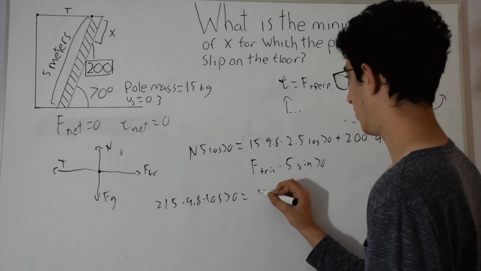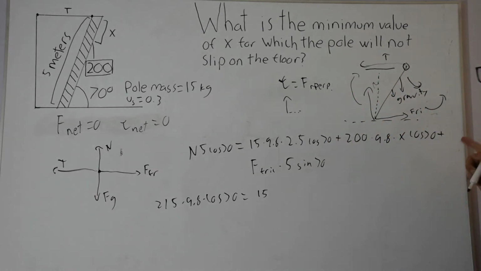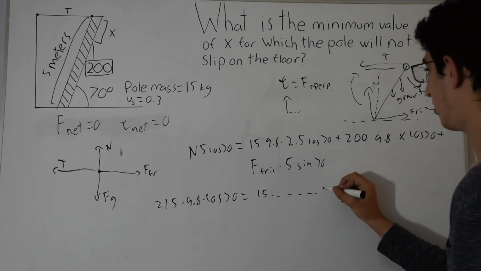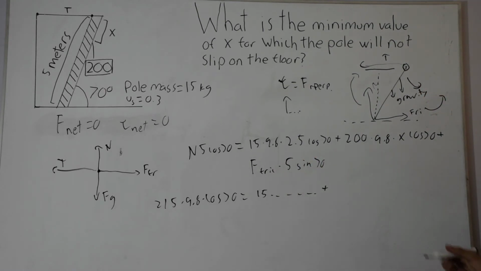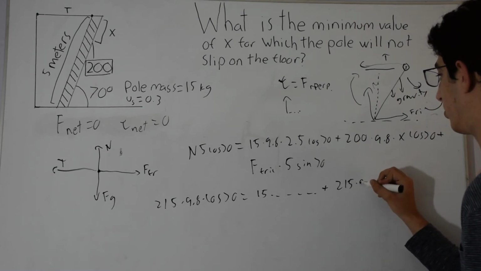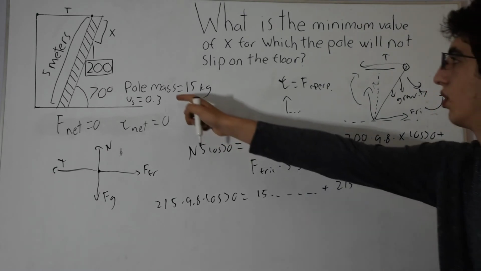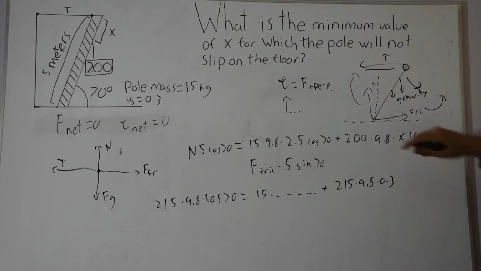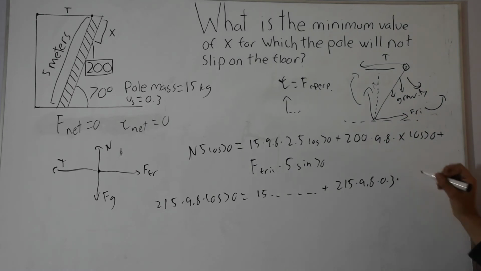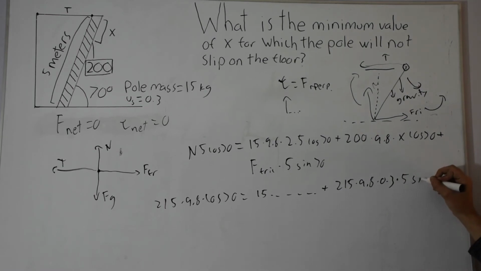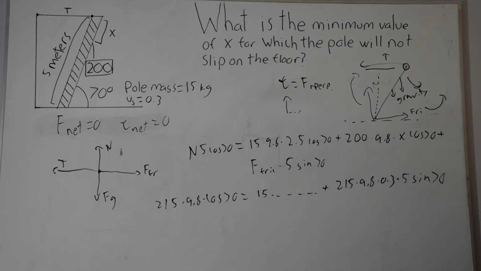Equals 15, and this I already wrote, so I'll just do dot dot dot, plus the force of friction, which is 215 times 9.8 times the coefficient of static friction times 0.3, right, because this is normal force times the coefficient of static friction, times our perpendicular, which is 5 sine 70.